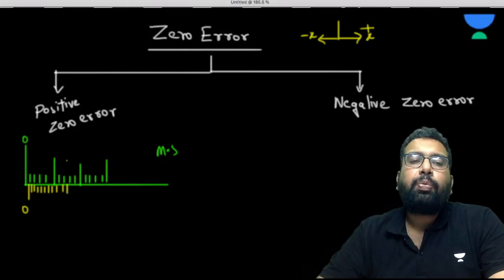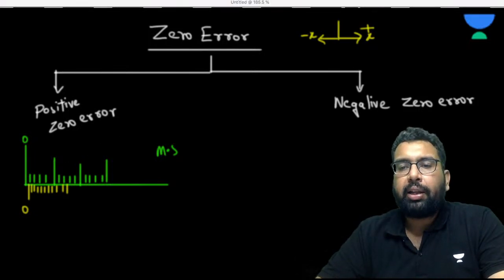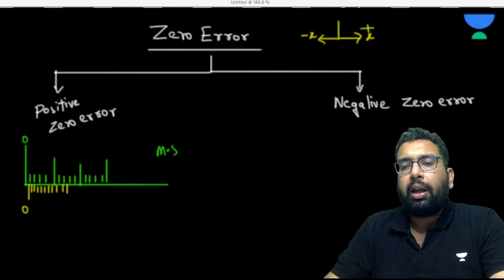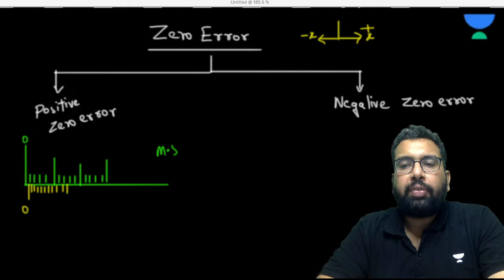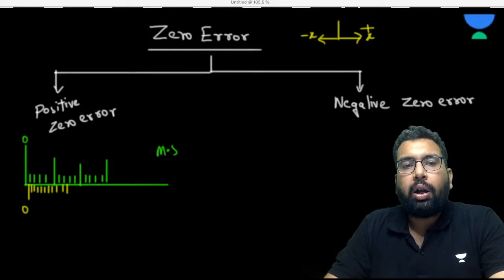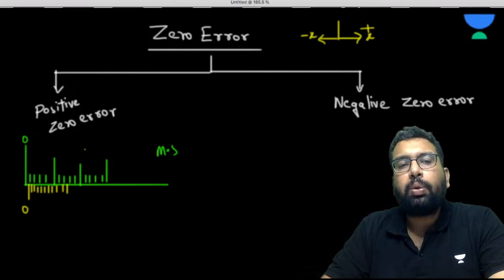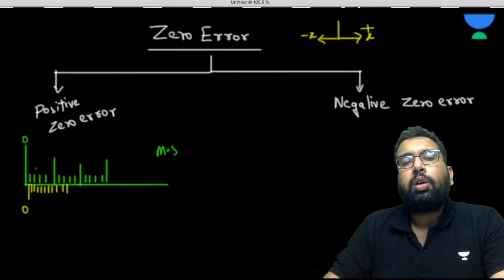So in the case of positive zero error, your vernier scale zero will be somewhat ahead of the zero of the main scale.